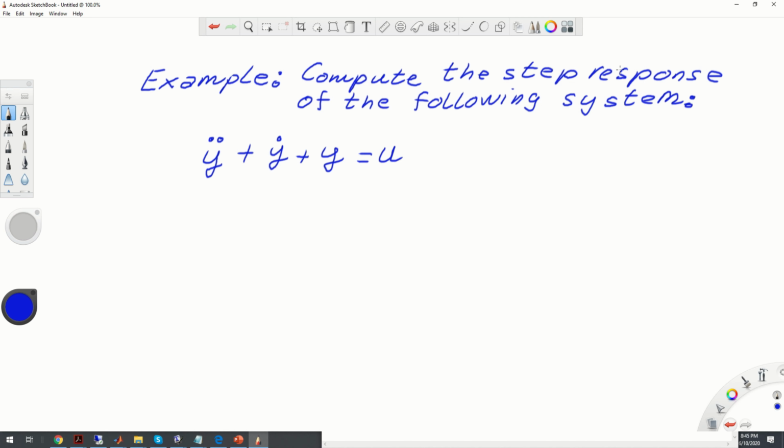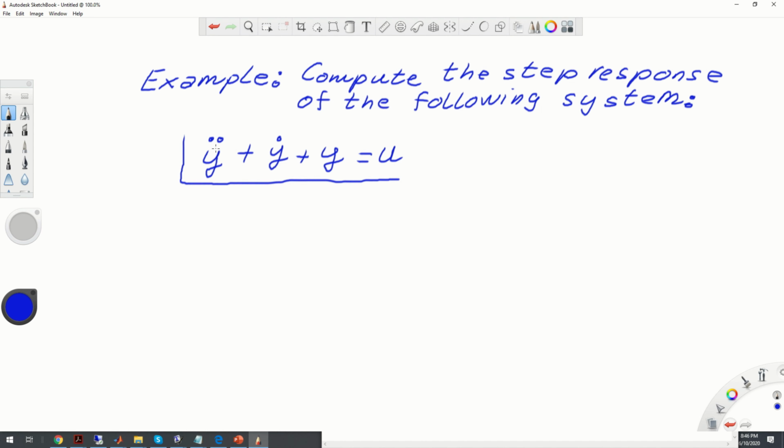So here is the example that we will cover in this video. Our problem is to compute the step response of the following system. So what you can see over here is an ordinary differential equation of second order.